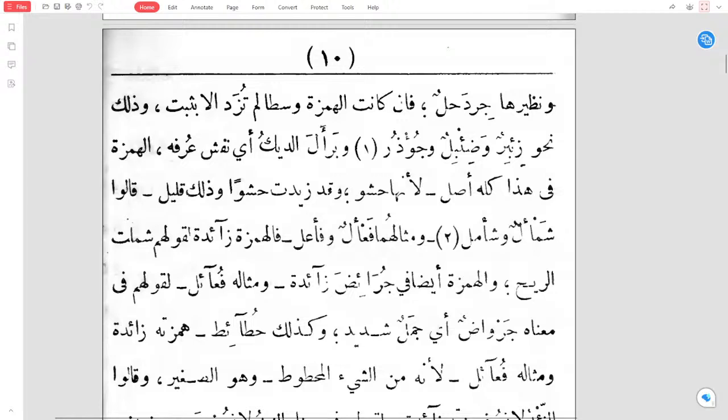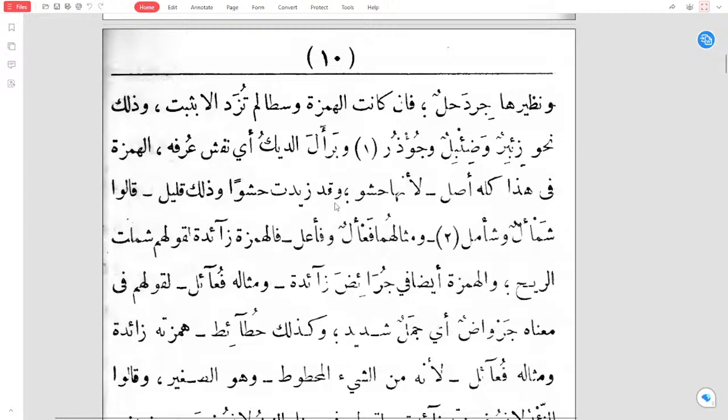So when it's getting ready to fight, when it makes itself look big and spreads its feathers out, that is what's called bar al-dik. I should have showed you that. I forgot to share the screen. وبر الديك إن نفش عرفه. عرفه then would refer to its feathers.